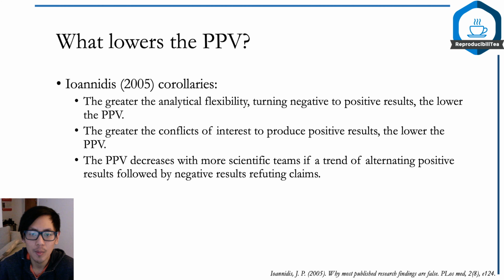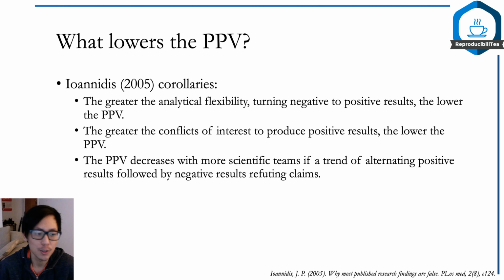And the PPV decreases with more scientific teams involved, especially if there's a trend of alternating positive results followed by negative results refuting claims. So this occurs in the literature some of the time when a lab produces a nice shiny positive result and they put it out, but then another lab disproves it, or tries to disprove it, or is unable to replicate it, or shows that the result isn't true.